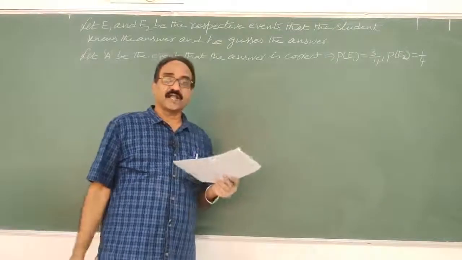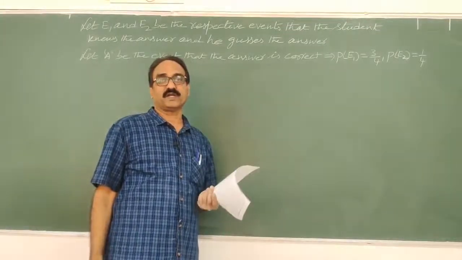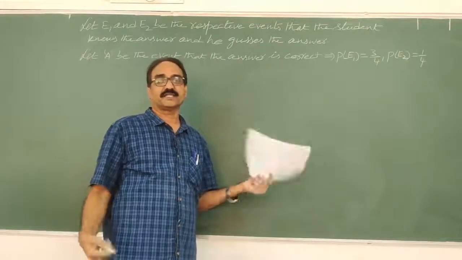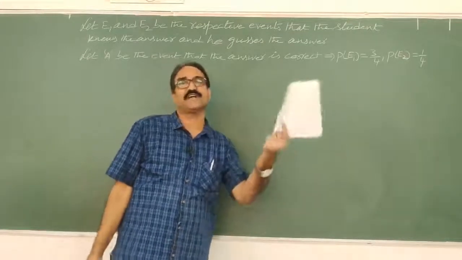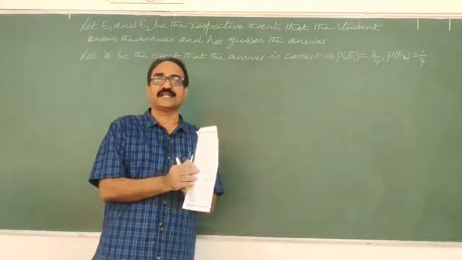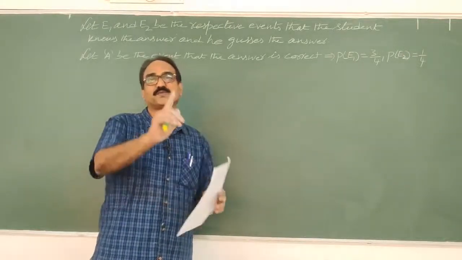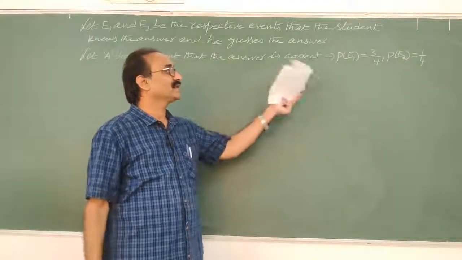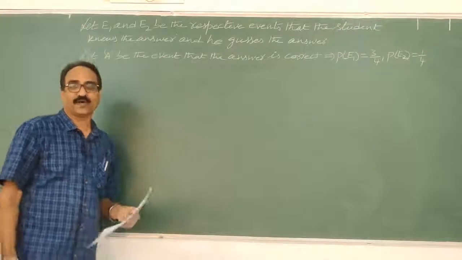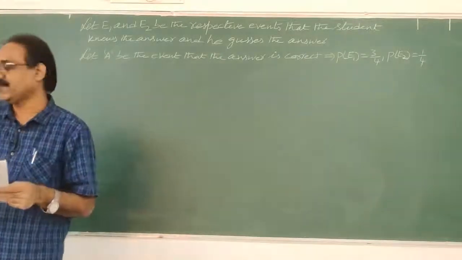Sir, if that is not given, what to do? Total probability is 1; knows the answer is 3/4, so guessing is 1/4. Even if not given, it can be found out. Why? Because the total sample space has only 2 events, and the entire union is the entire sample space. The probability of the sample space is 1. Therefore, 1 minus 3/4 is 1/4. If it is not given, you should get it like that.